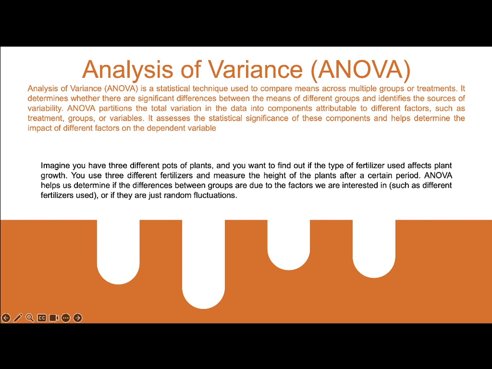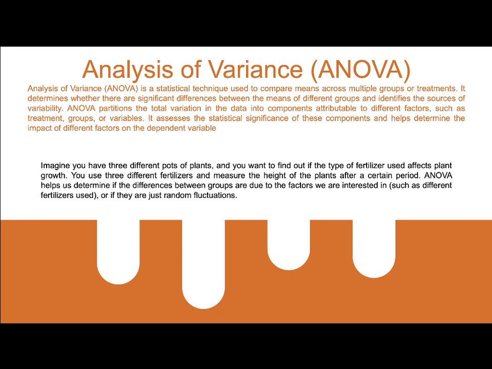Imagine you have three different pots of plants and you want to find out if the type of fertilizer, baja, used affects plant growth. So you use three different fertilizers and measure the height of the plants after a certain period. So ANOVA helps us determine if the differences between groups are due to the factor we are interested in, or if they are just random fluctuations.